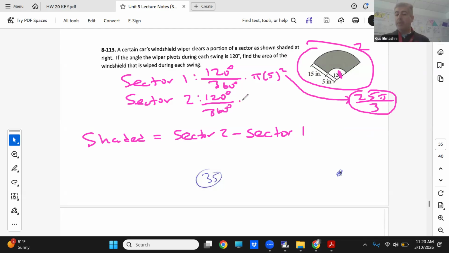What's the radius of the big sector? 20, right? Yeah, good. So it'll be 400 pi over 3. This is where geometry can get a little complicated because we're going to start doing a lot of funny shapes. That's why I don't want to do all this today. We're going to do the rest of this on Thursday.